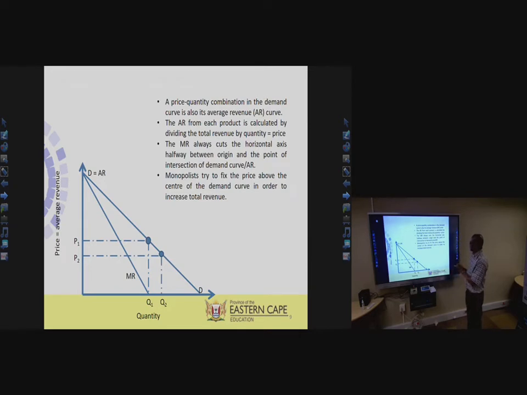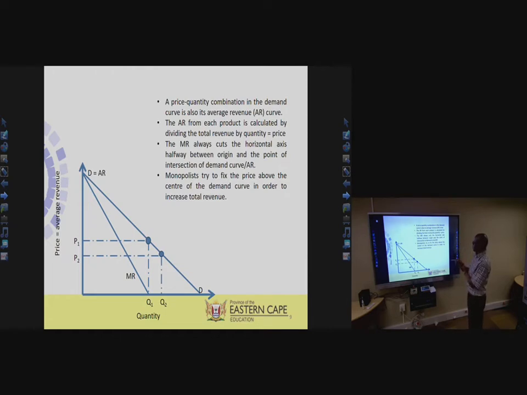The price-quantity combination in the demand curve is also its average revenue curve. They say those combinations in the demand curve are always the average revenue, which is obviously on the demand curve.